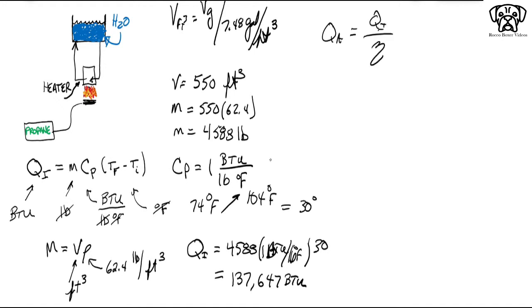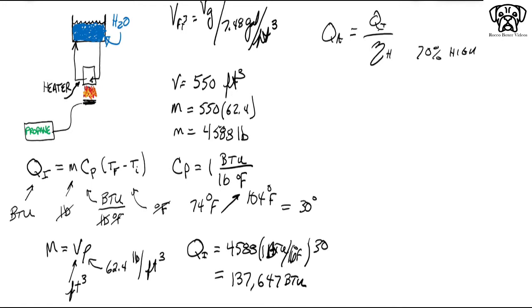We'll use that symbol there, and I'm going to assume it's about 70% efficient, which is probably high, but perhaps it's a warm day, the ground is warm, we don't have a lot of losses there, and maybe it's a short run between the heater and the jacuzzi or the spa. So we'll just call it 70%.